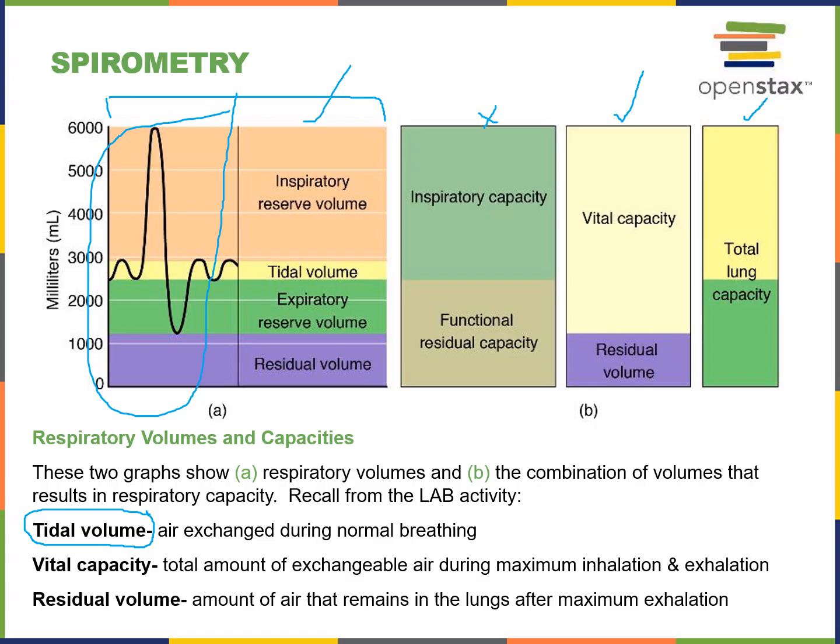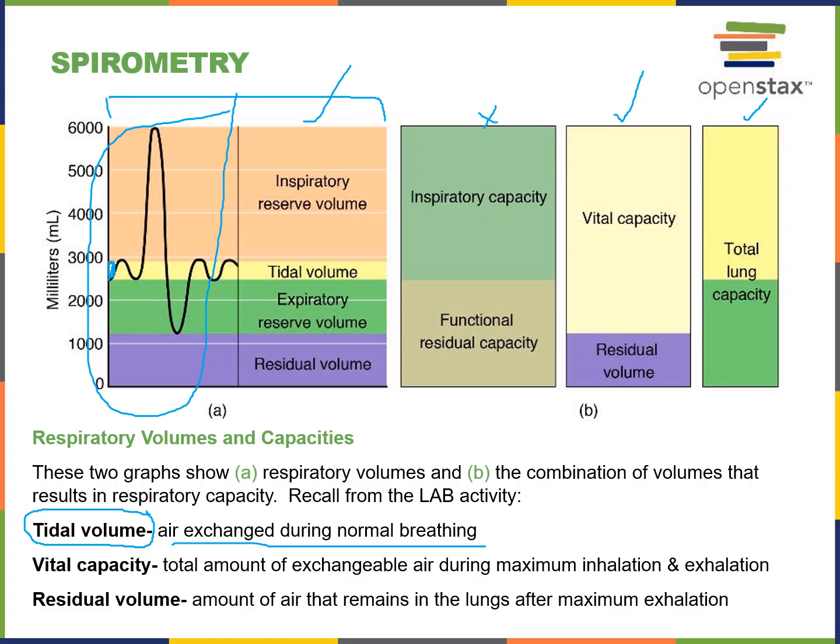So for example, tidal volume is roughly 500 mils, but that applies again to a young adult male. So that's tidal volume, air exchange during normal, quiet breathing.